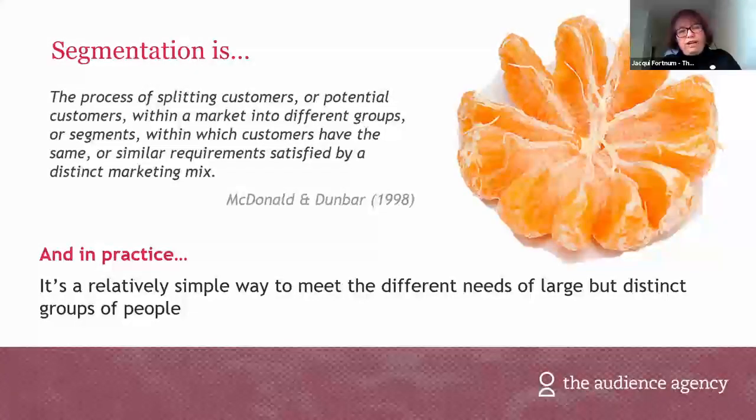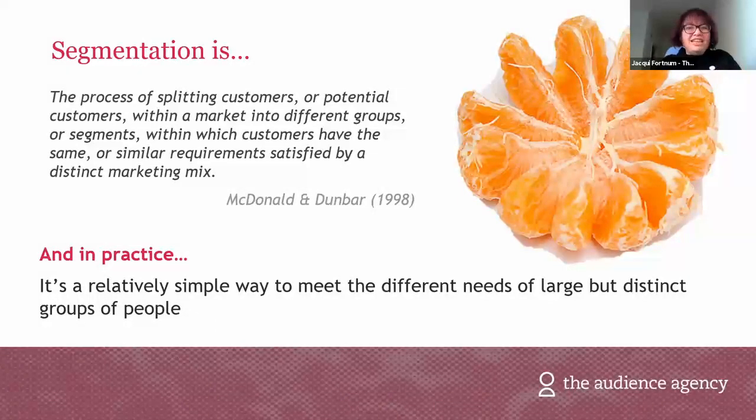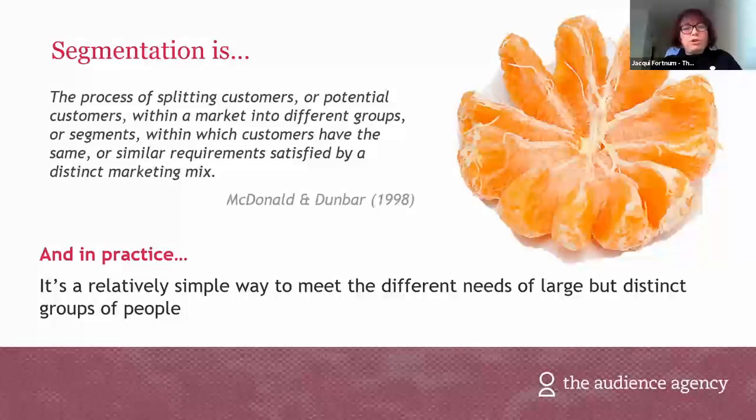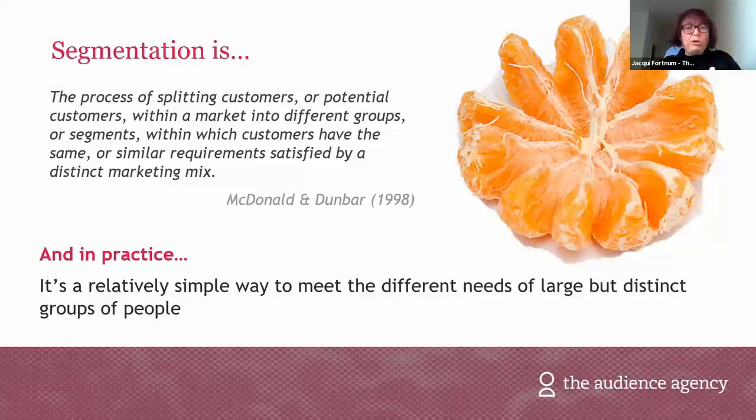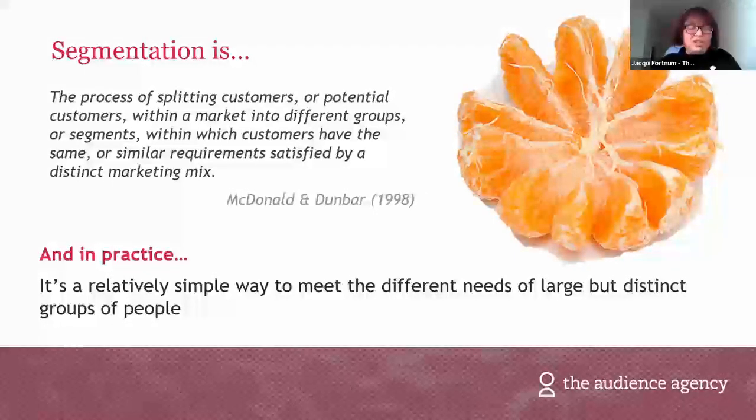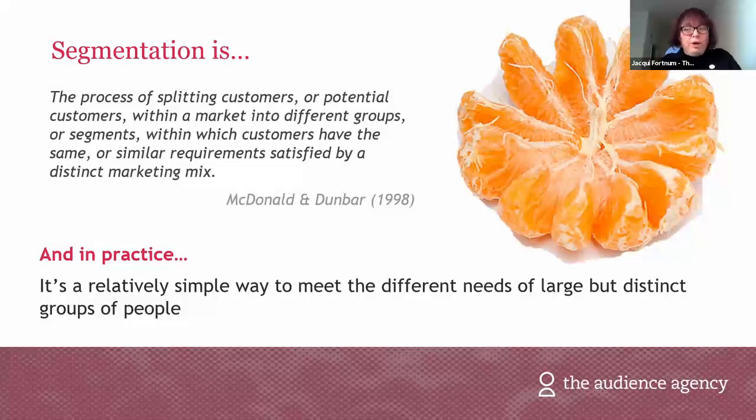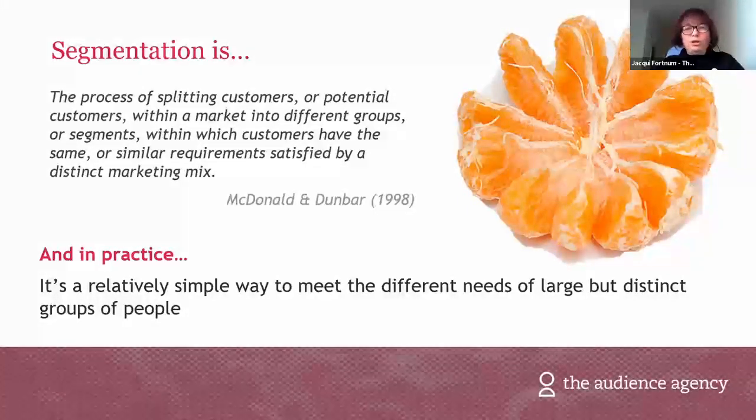So it's either around similar level of interest in something, or shared needs or shared preferences, something where if you targeted something at that group, you know what would appeal to everybody in that group. I've put up on the screen a more formal definition of what segmentation is from a marketing perspective. But essentially, it's a relatively straightforward way of grouping people by things that they have in common.